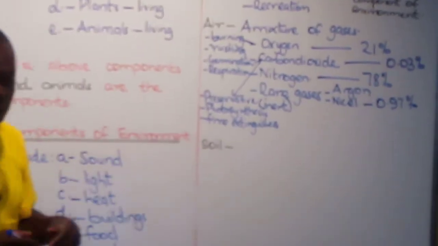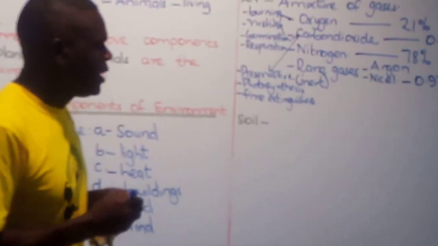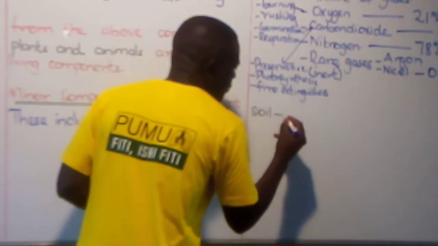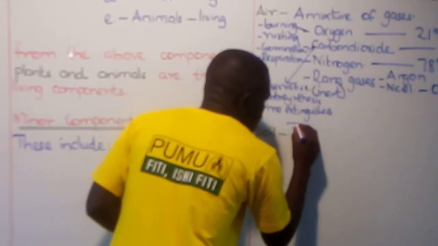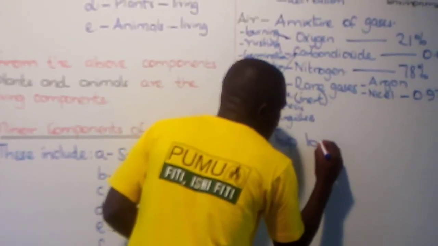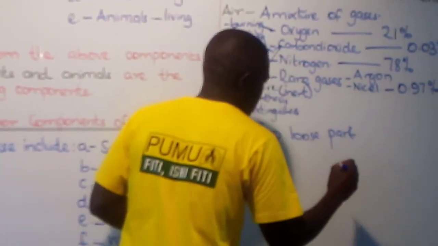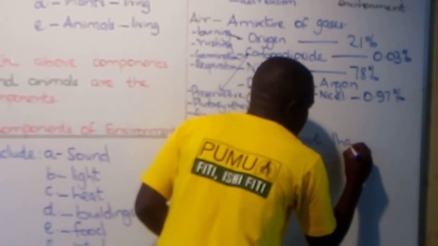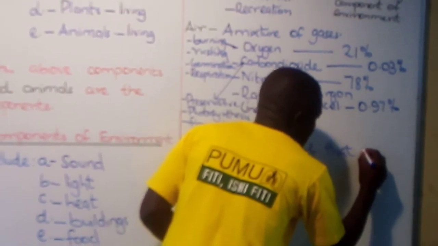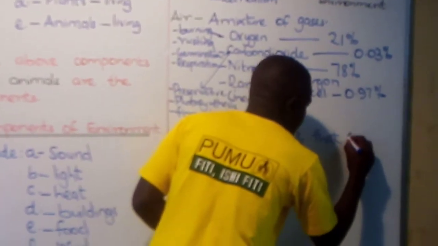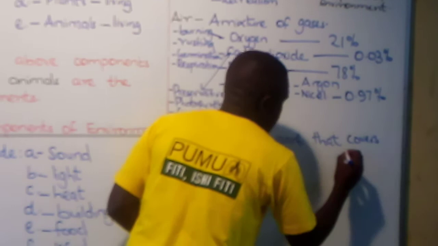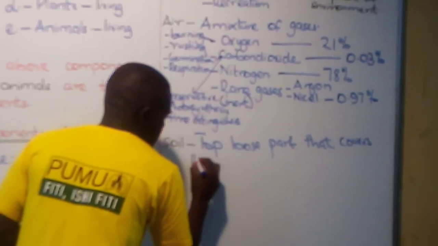Now let's look at soil. Soil is the loose part, the top loose part that covers the earth.